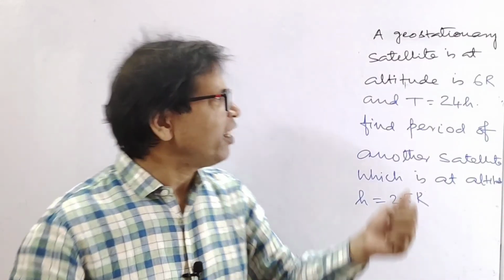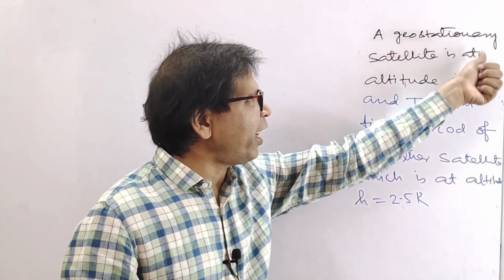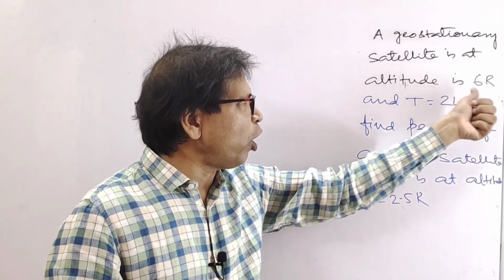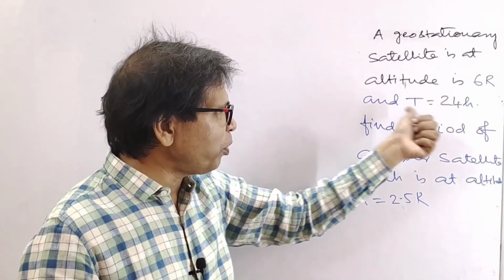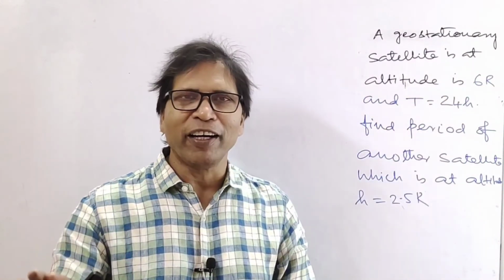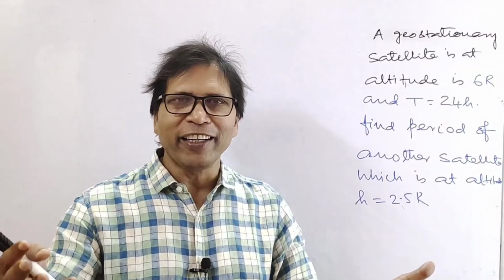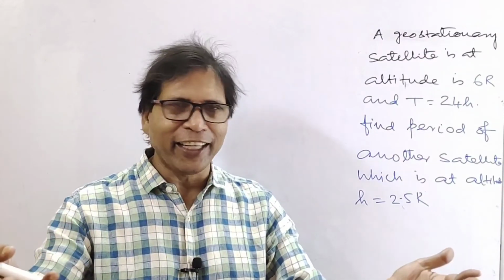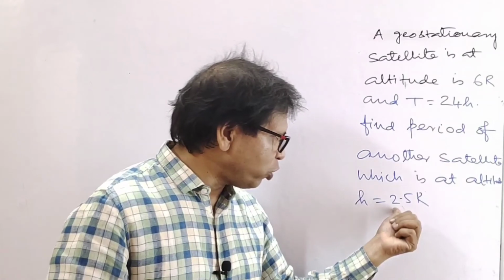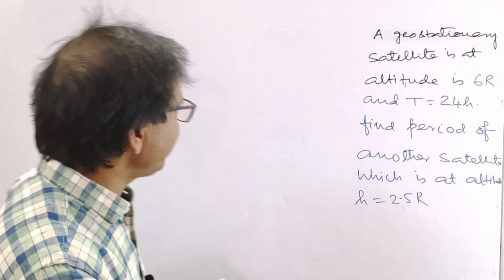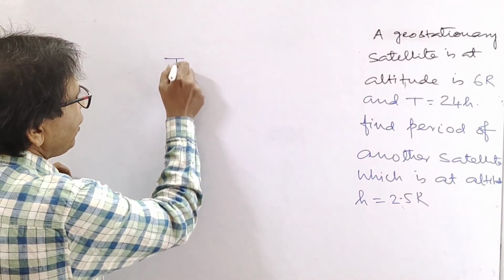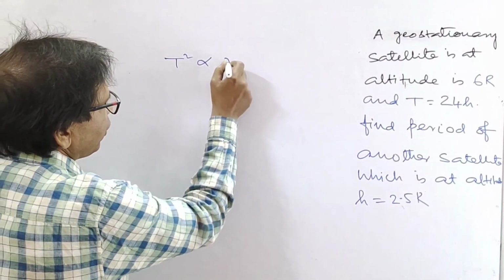Okay. Now a numerical. A geostationary satellite is at an altitude of 6R from the Earth's surface and its period of revolution is 24 hours. We have to calculate the period of another satellite which is at an altitude of 2.5R. Now look at this. Here T square is proportional to R cube.